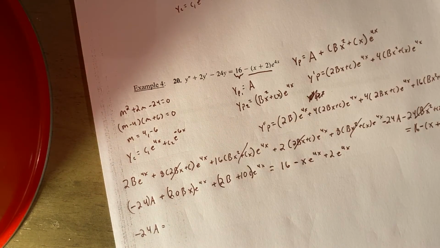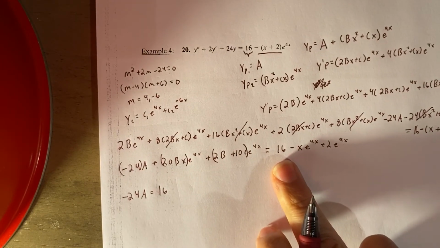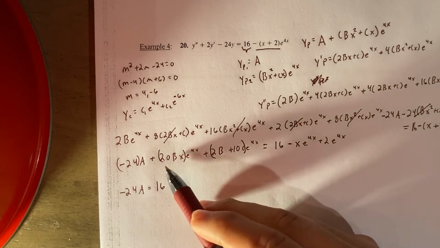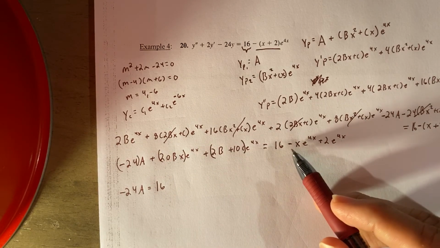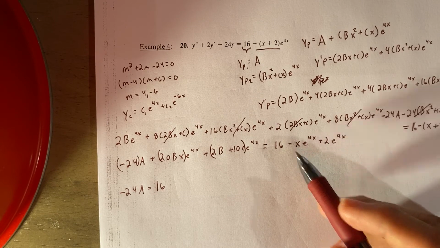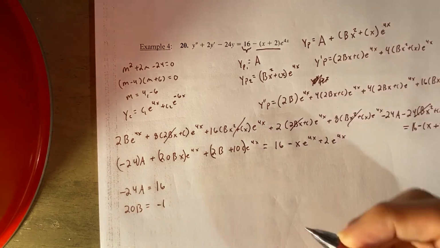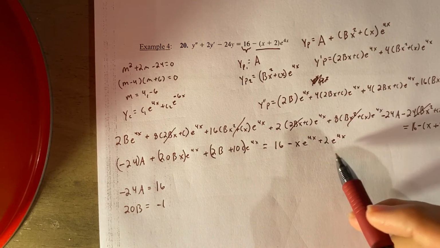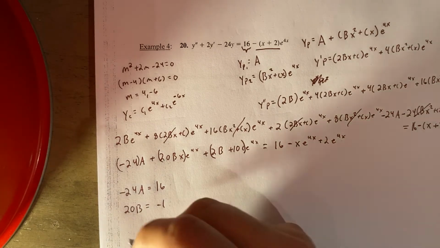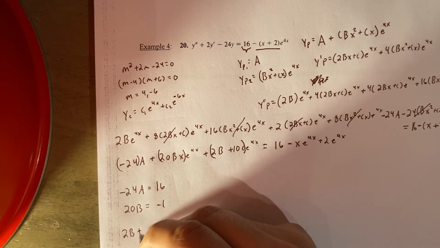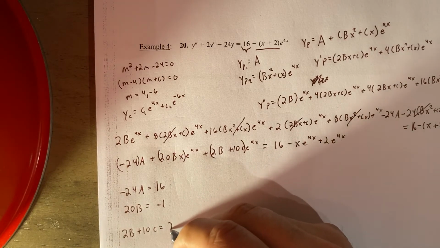There's no functions of x beside it. So that's going to be set equal to 16 over here. The 20b right here, x e to the 4x, is going to be the coefficient right there. So that's going to be equal to negative 1. So I have 20b is equal to negative 1. And then my last one, which is this e to the 4x, that's going to be set equal to 2. So it's going to be 2b plus 10c is equal to just positive 2.